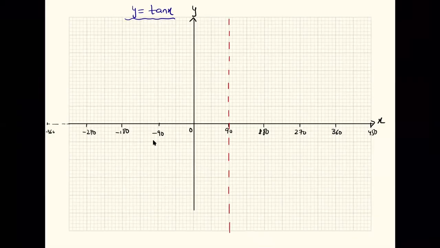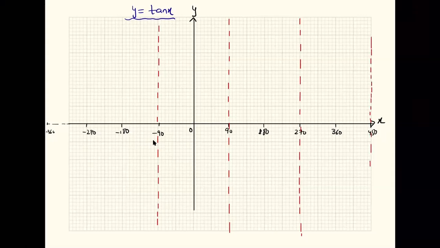Now you would expect the same answer at minus 90 as well. If you take out your calculator and press tan of minus 90, you are still not going to get any value. The same thing is going to happen at 270 degree, and even at 450 degree, and minus 270 as well.